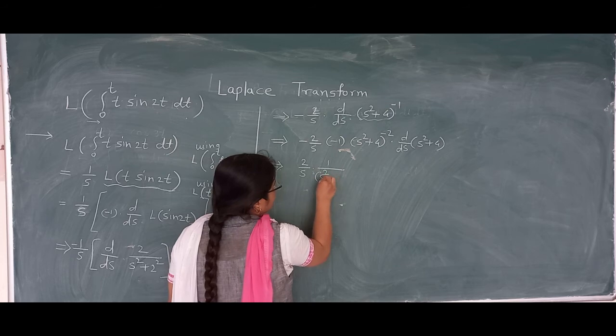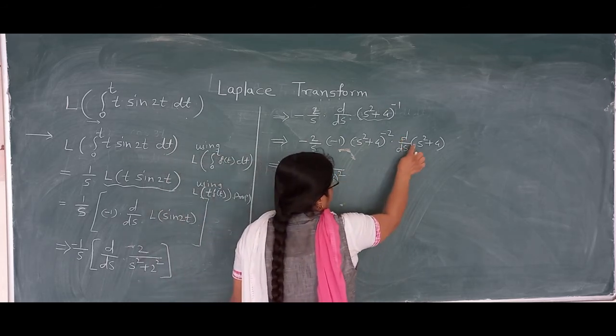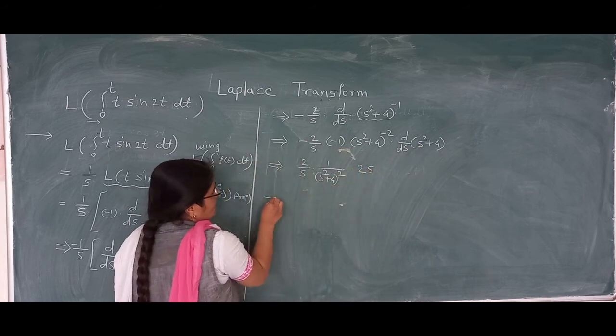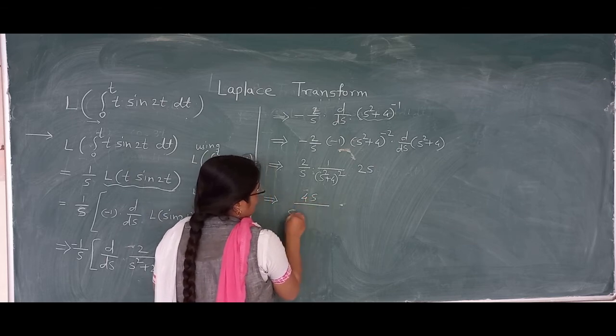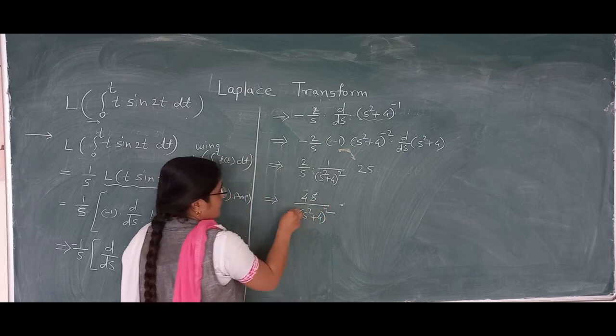So it is 2 upon s, and s square plus 4 raised to 2. The derivative of s square plus 4 is 2s. So after simplification, we get 4s upon s into s square plus 4 whole square.